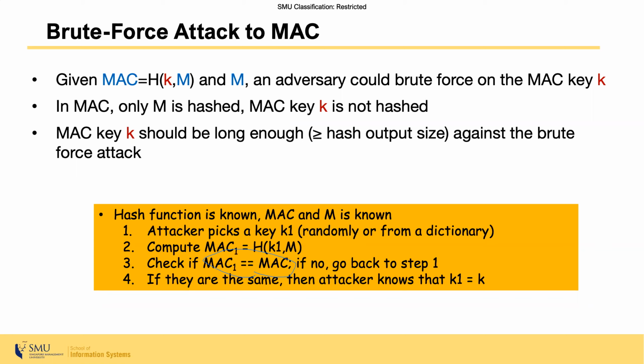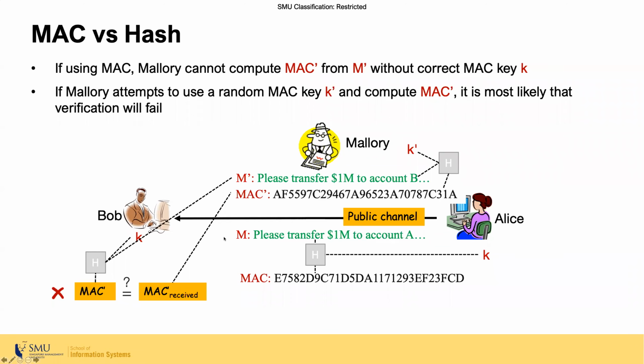And this brute forcing attack here is possible because hash function is known because it is a public knowledge, and MAC value and M is known because if you recall the previous slides, as shown in this slide, message M and MAC is transmitted over a public channel, which can be intercepted by the third-party attacker.